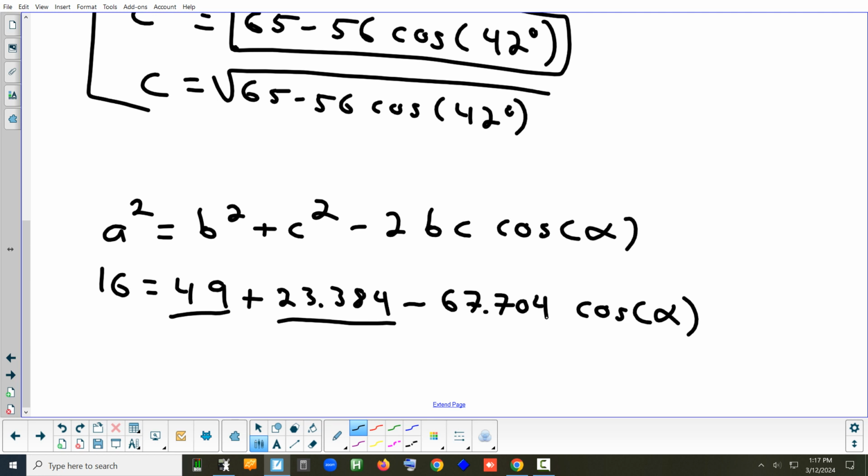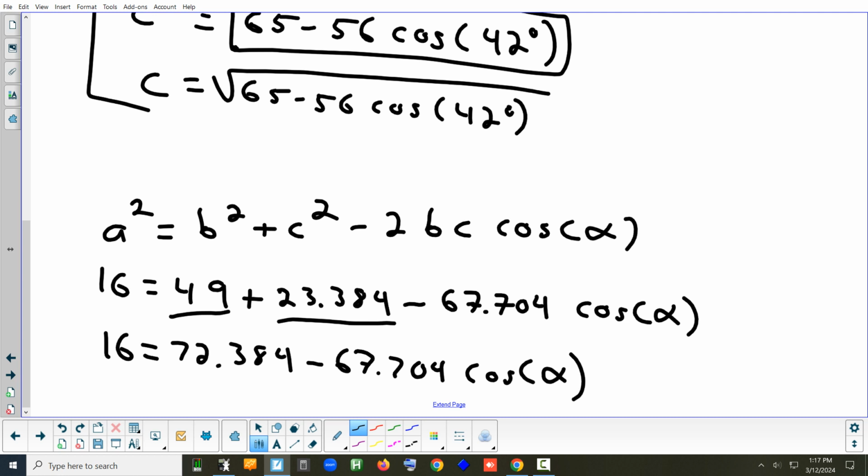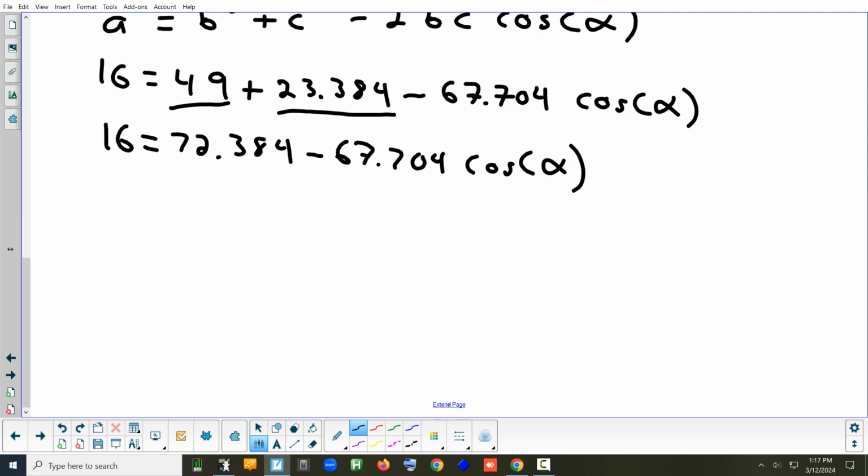All right. Now we're at this step. We can combine these together. What's 49 plus 23? So 72.384 minus 67.704 cosine alpha. Now, solving this equation is exactly like solving this.